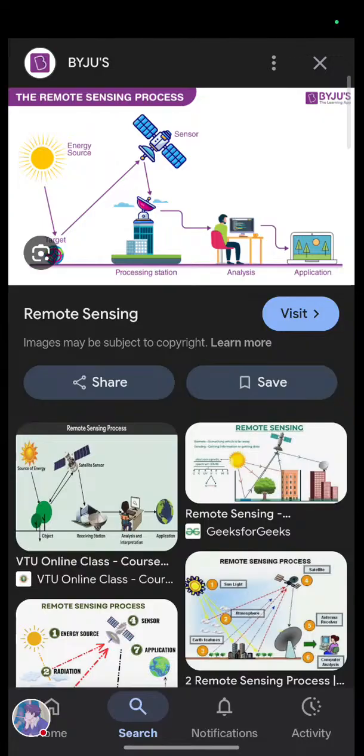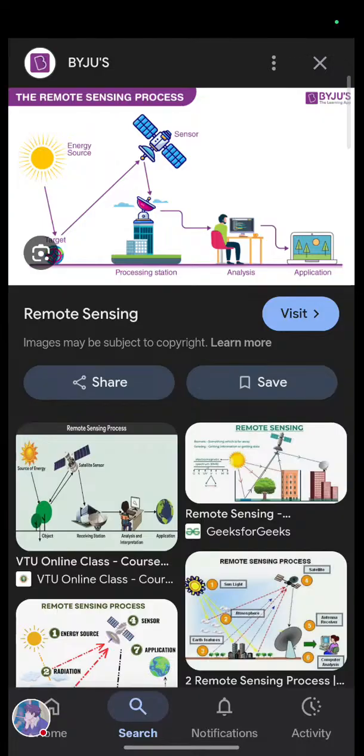Based on the source of energy. First, we get the type of remote sensing, and then we can separate it according to their source of energy. First is platform-based remote sensing.